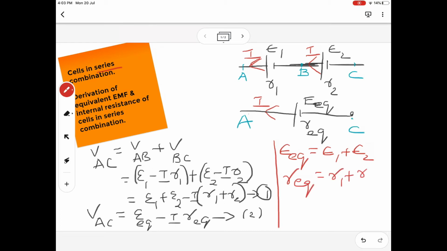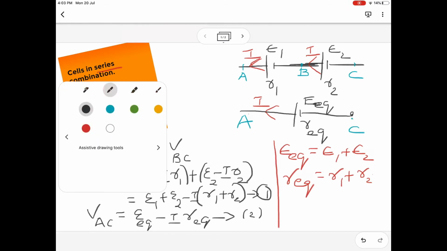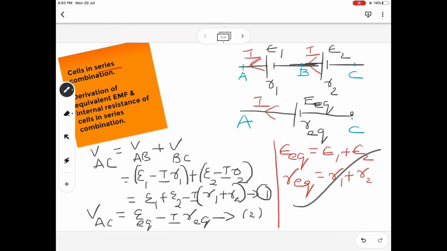So let us conclude that when you have two cells in series combination such that the cells are in order, positive-negative like that, the sum of the individual EMFs gives the equivalent EMF. If there was one more cell, plus E3 will come.